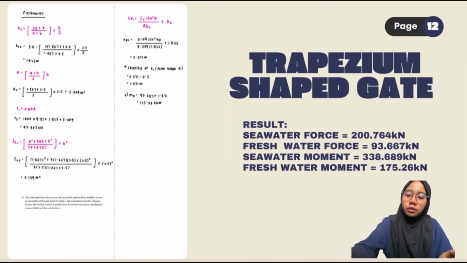The results show that the seawater exerts a force of 206.674 kN with a moment of 338.689 kN per meter, while the freshwater exerts 93.667 kN with a moment of 175.260 kN per meter. Since seawater is denser, it produces a greater force and moment.